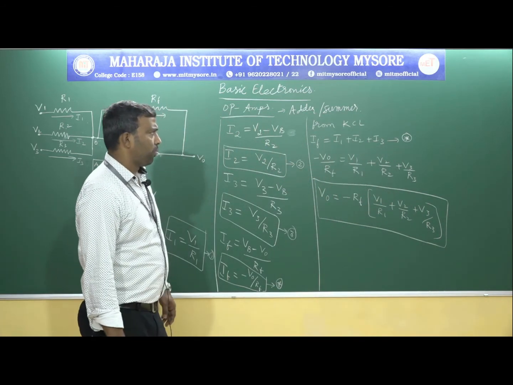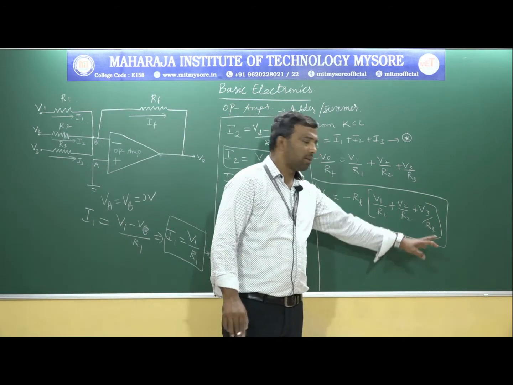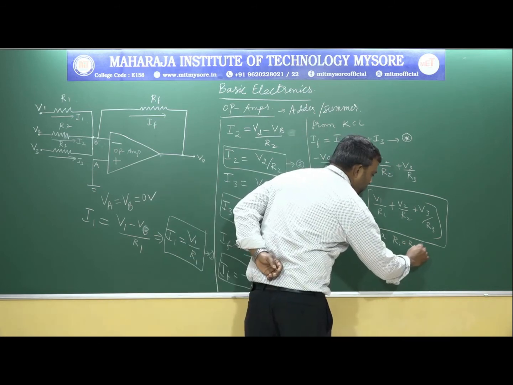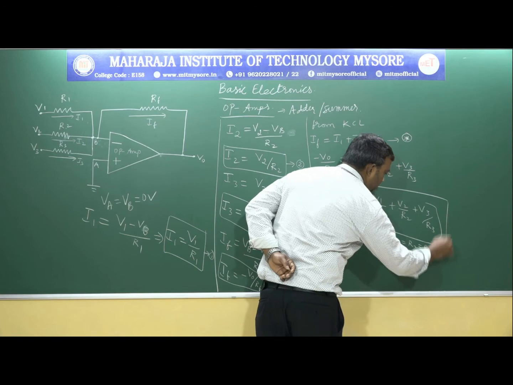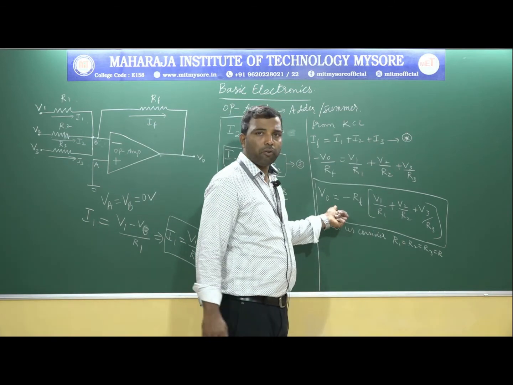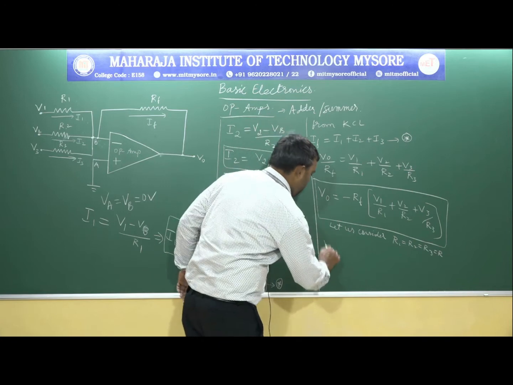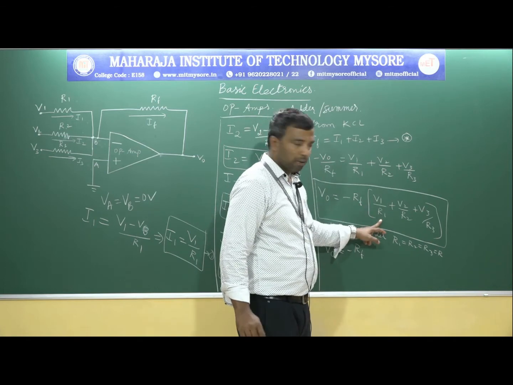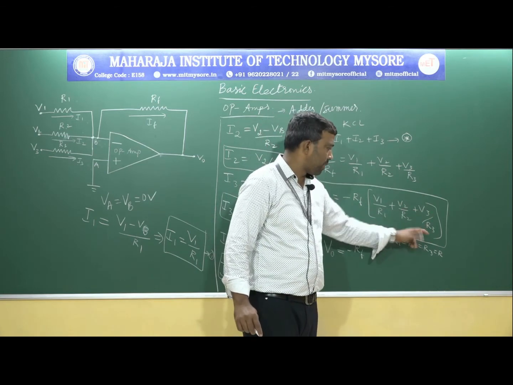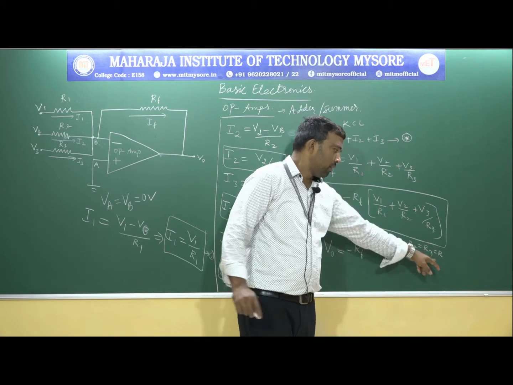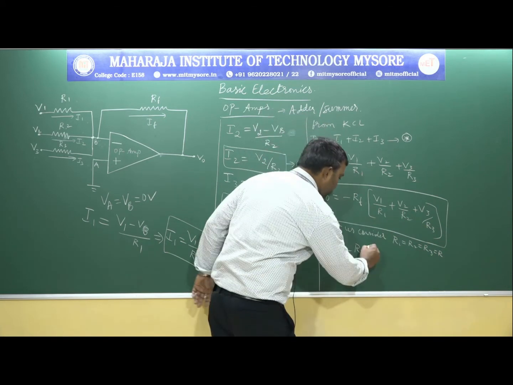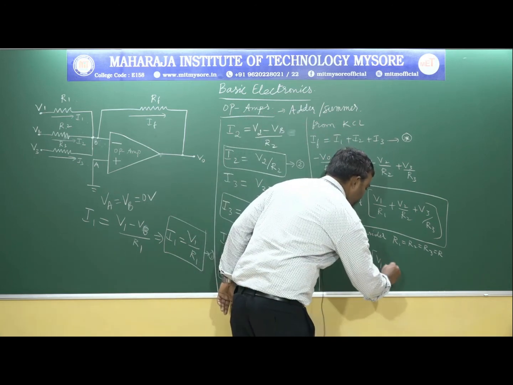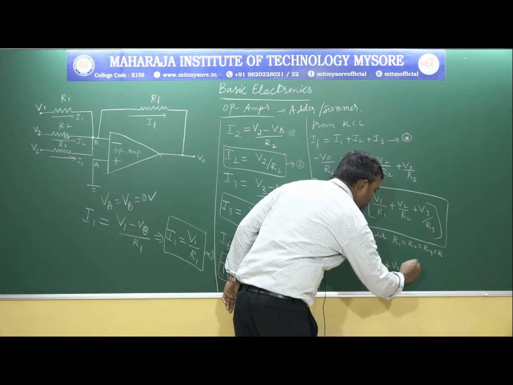Let us consider one assumption: R1, R2, R3 are all the same, equal to R. Therefore, the above expression for VO can be written as VO equal to minus RF times V1 by R plus V2 by R plus V3 by R, because R1, R2, R3 are all equal to R. Taking R outside, the remaining terms are V1 plus V2 plus V3.